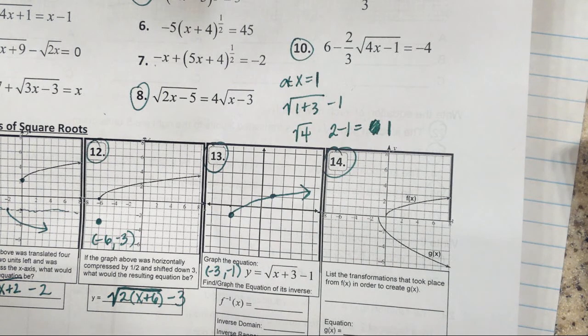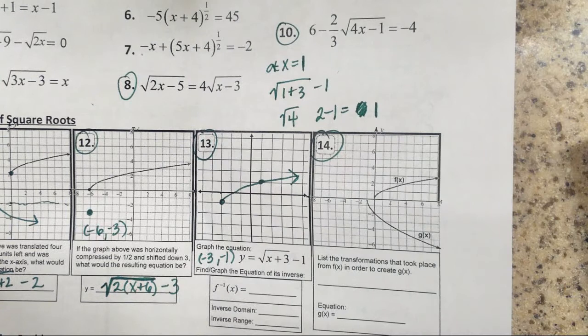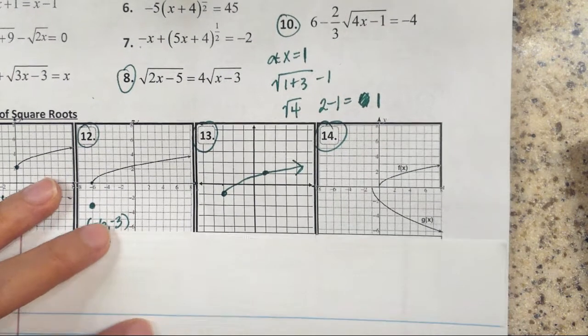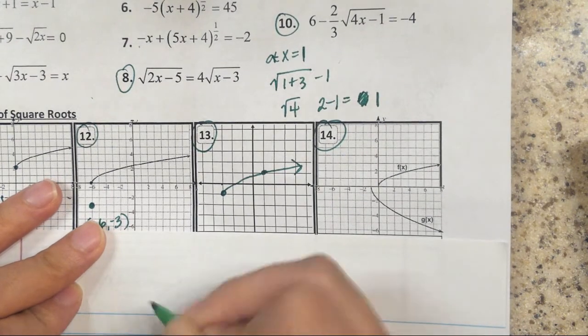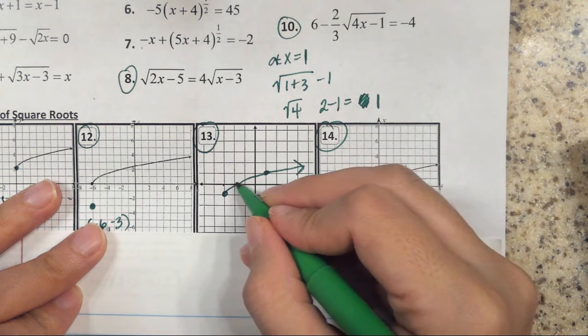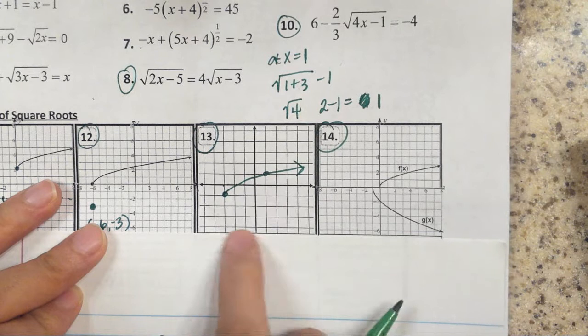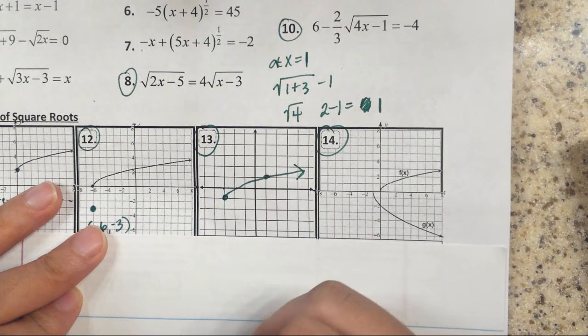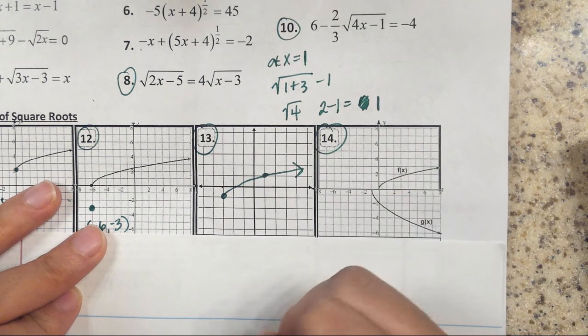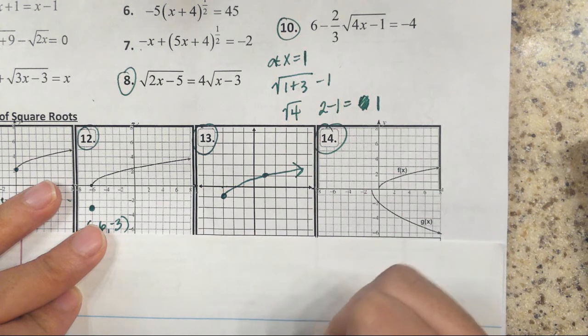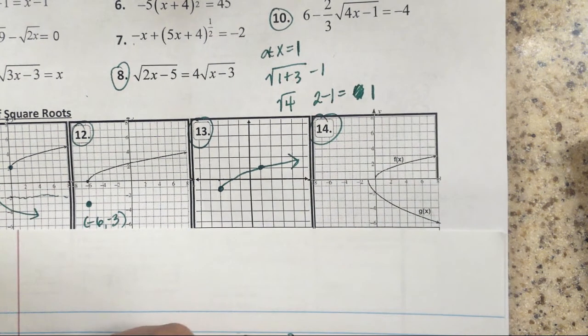Now it wants me to find, looking at this graph right here, my domain is -3 bracket to infinity because -3 is included. And my range is bottom to top, so it would be -1 to infinity. Now for my inverse, it's going to flip.